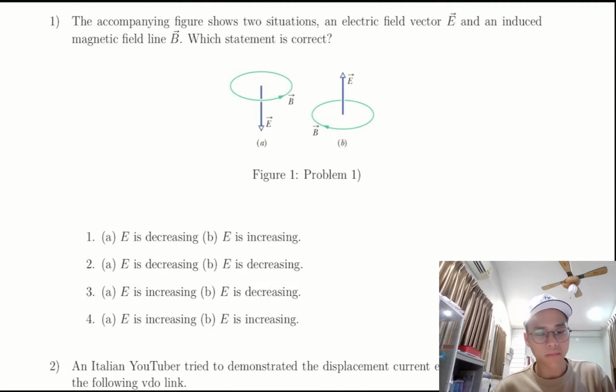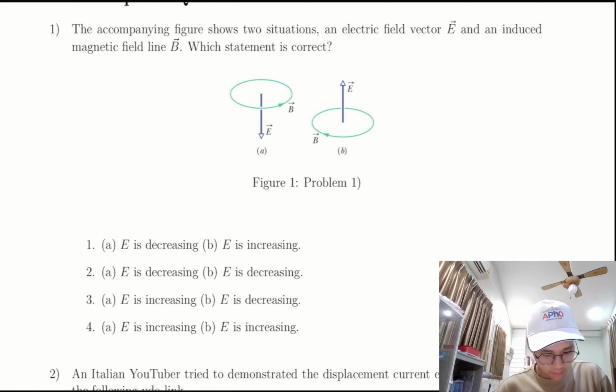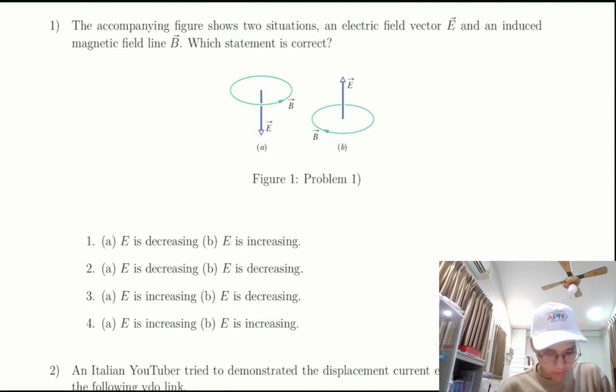Instead of the normal current or conduction current I, we see the electric field. But don't worry, because in Maxwell-Ampère's equation there's also another term beside conduction current, which is displacement current.